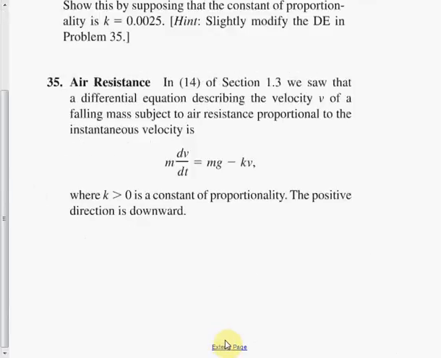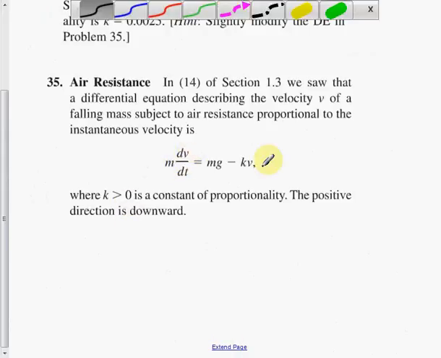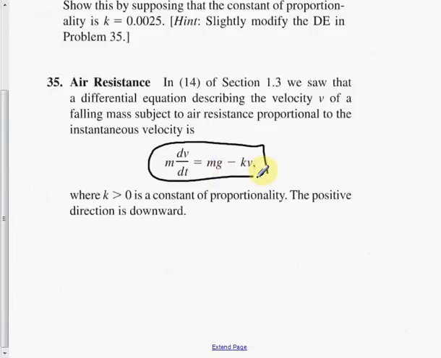So understand here that I'm going to take this equation, that's what they're asking. I'm going to get dV over dt by itself. So just divide everything by m. So I have dV over dt is equal to g minus k over m times v.